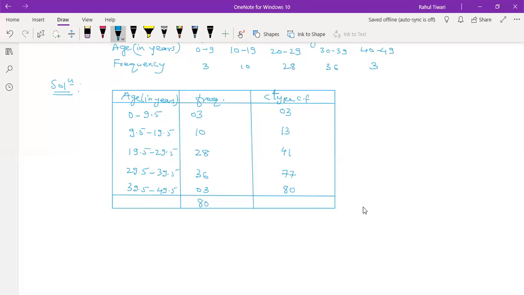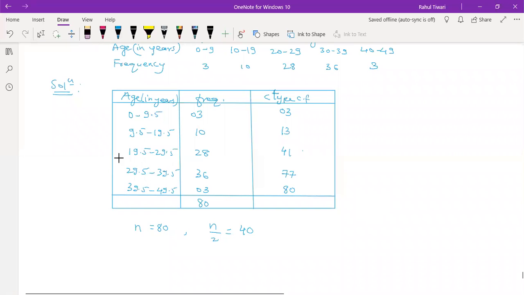The first step says you need to obtain the less than type CF, so step number 1 is already done. Second step, you need to find the median class. For that you need n by 2, so you need to know your n. Your n is 80. So n by 2 is 80 by 2, which is 40. Where this 40 occurs first, that interval becomes your median class. Are you getting the point?